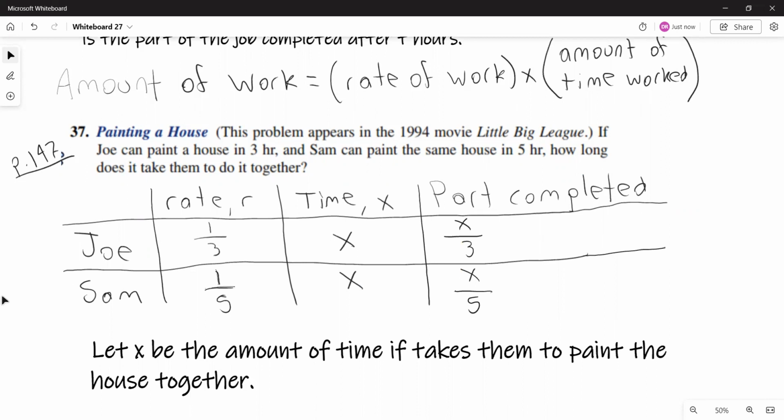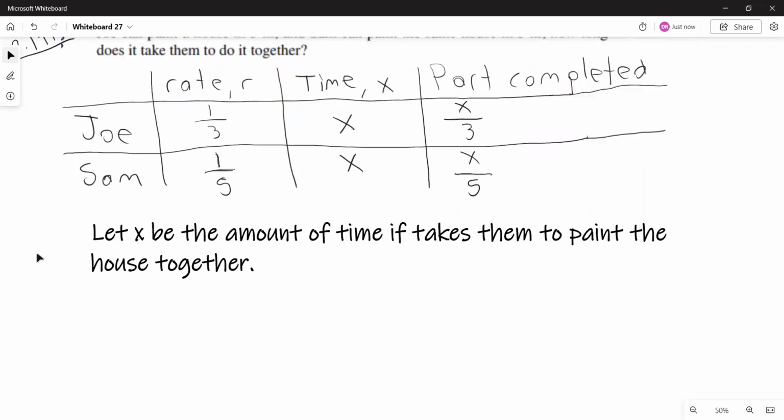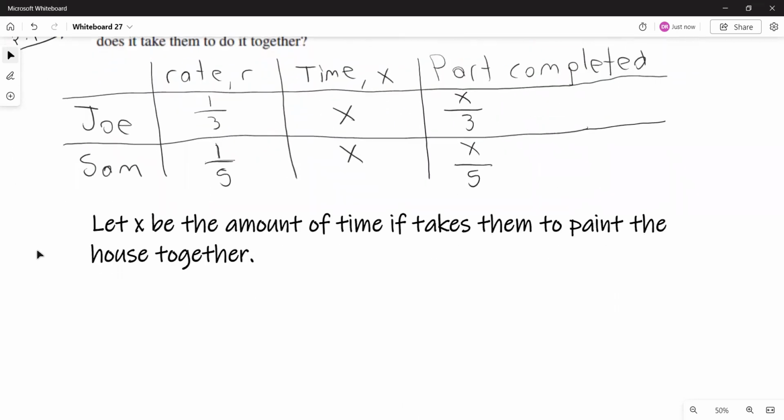So if they combine their efforts, we're going to solve the equation.